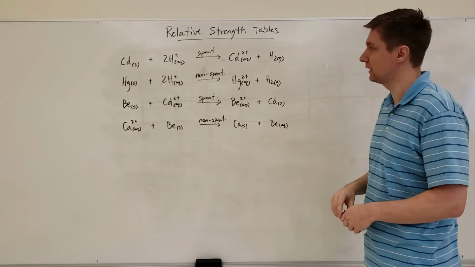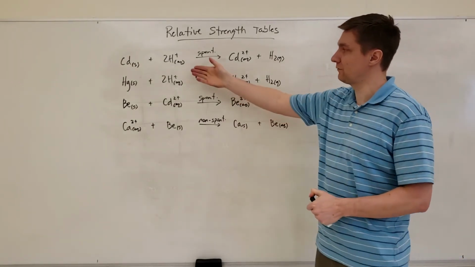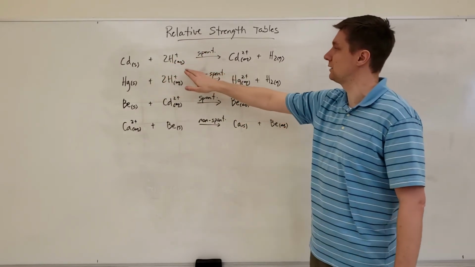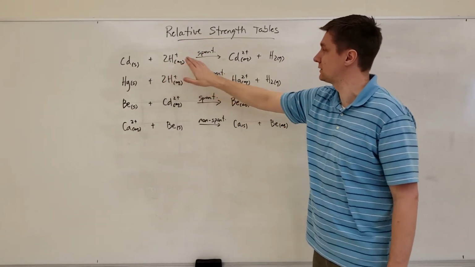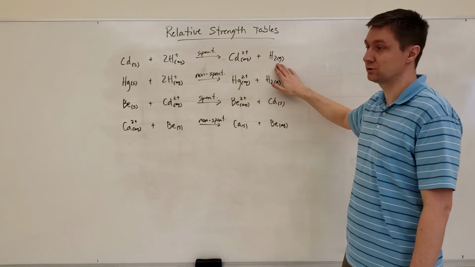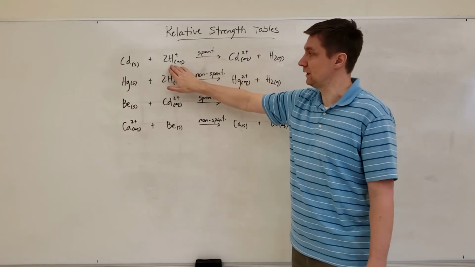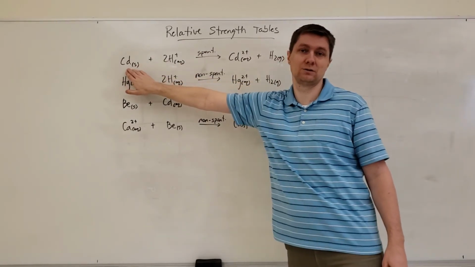And I'll show you what that looks like. But right here, all you have to worry about is what is my oxidizing agent, what is my reducing agent? And in this reaction, I can see that H+ turned into H2, which means that it gained electrons to do that. So this is my oxidizing agent, and this then is my reducing agent.